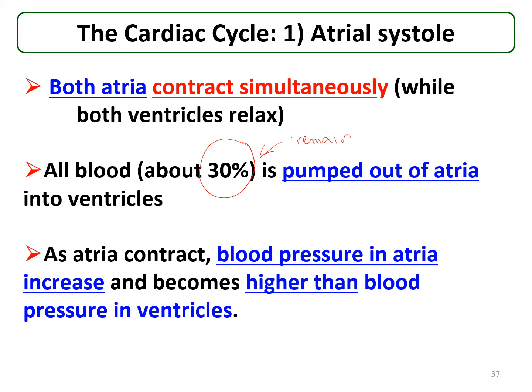When the atria contract, blood pressure in the atria increases. The blood pressure is higher than the blood pressure in the ventricles. So when explaining the cardiac cycle, what happens at each phase, we have to relate it to the contraction, what happened there, and the increase or decrease of blood pressure.